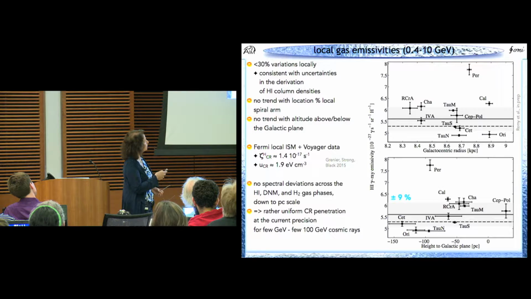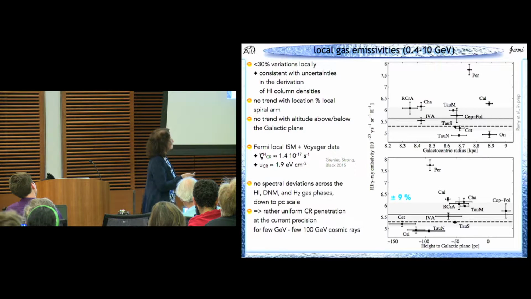And what you see here is the distribution of gamma ray emissivity per nucleon. In other words, cosmic ray density, if you like. And the cosmic ray density we get in a sample of nearby clouds is very consistent, within plus or minus 9% only. Perseus is slightly off, but there's a technical problem with Perseus.